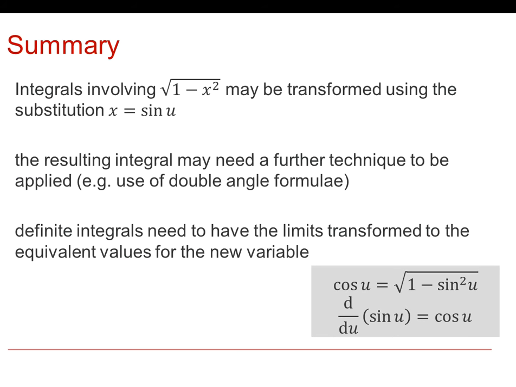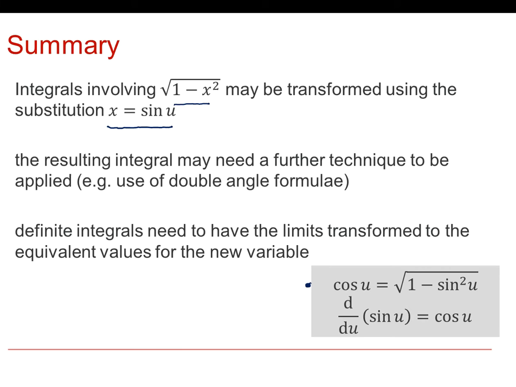In summary then, integrals involving the square root of 1 minus x squared may be transformed using the substitution x equals sine u. We will note then that cos u equals the square root of 1 minus sine squared u, using the identity cos squared u plus sine squared u is always 1. And this relates back to the square root of 1 minus x squared term.